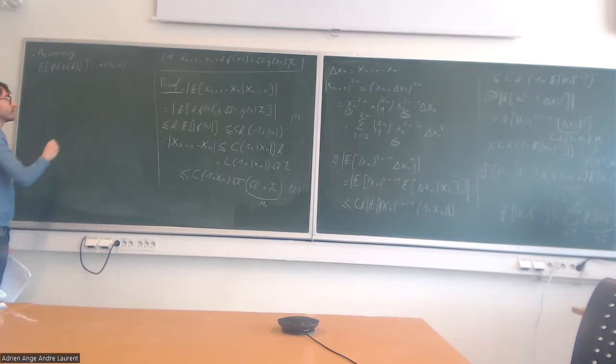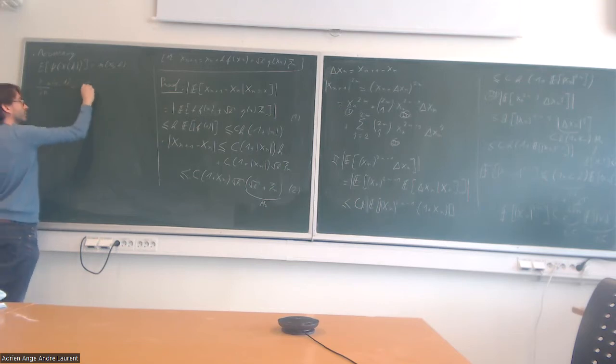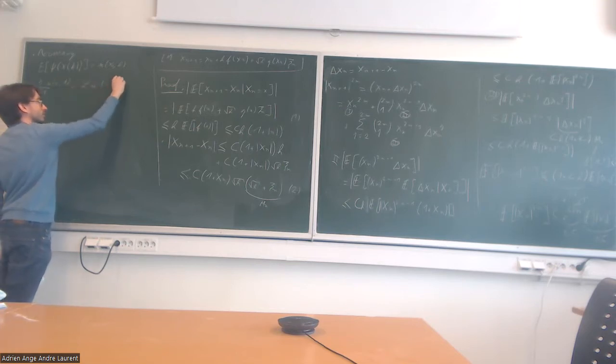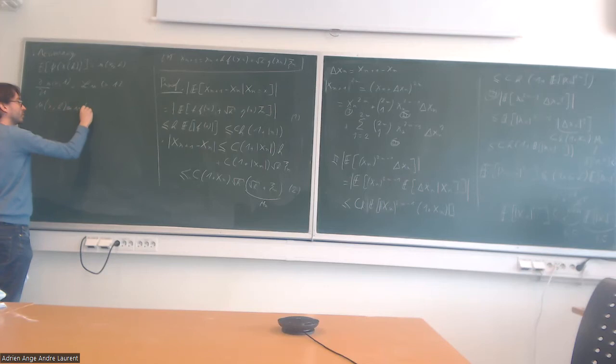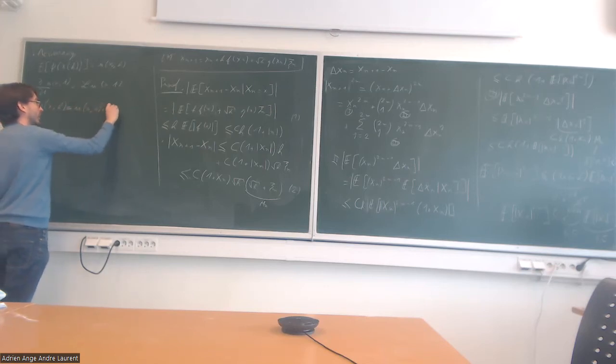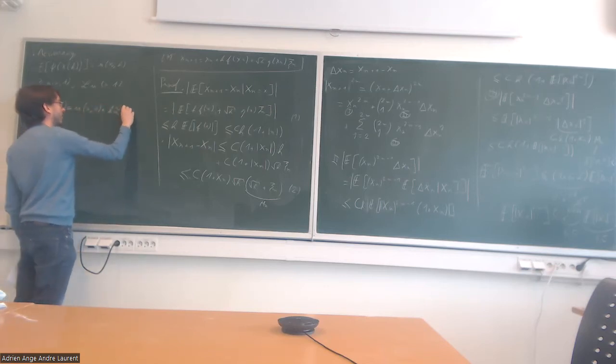And we said that u(x, t) actually satisfies the Kolmogorov equation. So from this, I say that u(x, h) satisfies u(x0) plus h times the generator applied to u.